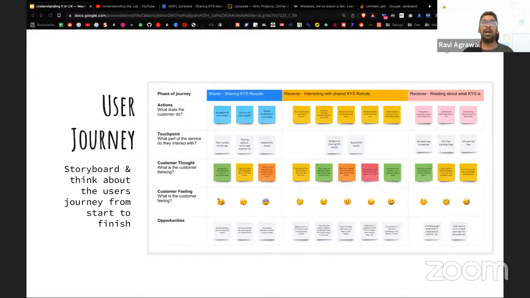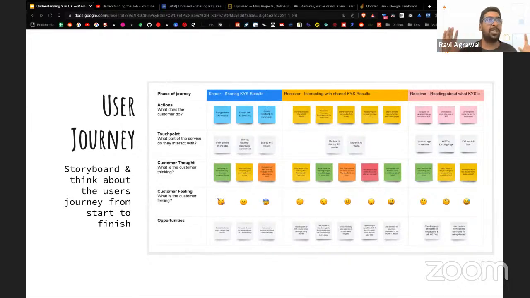But the project was essentially to share the results of KYS in a very interesting manner, rather than just sharing it as a score, right? So what is the user journey of someone who's trying to share the results with somebody else? The user will have a sharer, the actions that they're going to take, what they're going to interact with, what they're thinking, what they're feeling at this point, and based on these feelings, what are some opportunities that you have, right?